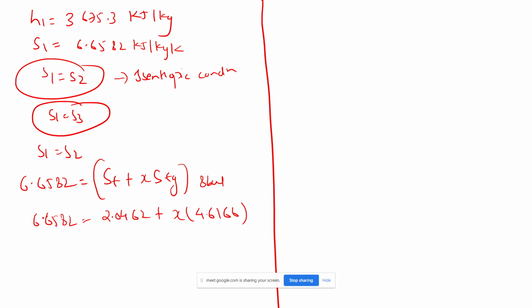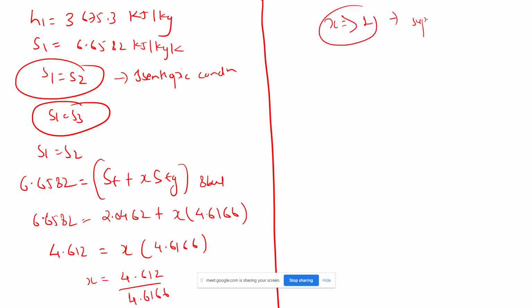What is the value we are getting after subtracting? 4.612 equals x into 4.6166. 612 divided by 4.6166. What is the value of x you are getting? So it is greater than 1, so it is superheated.